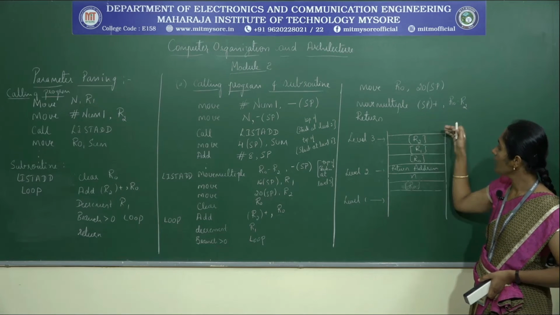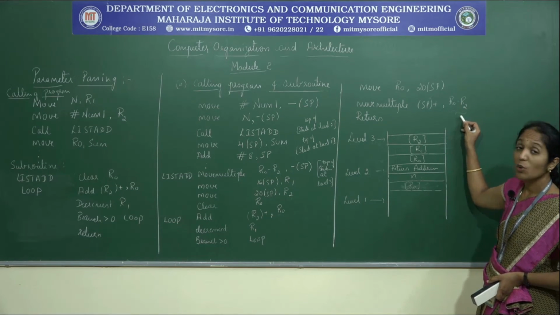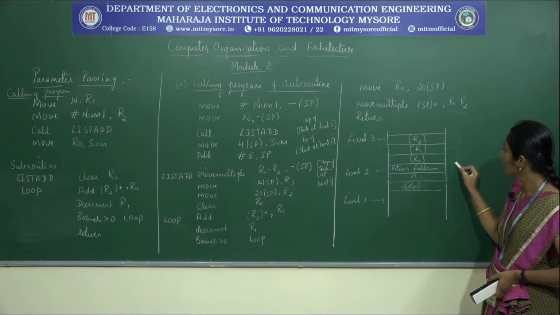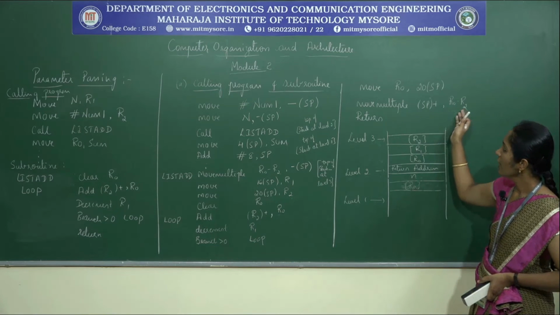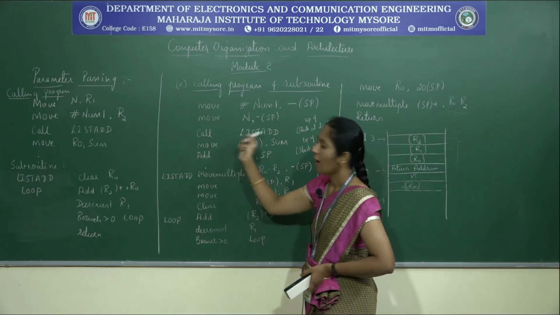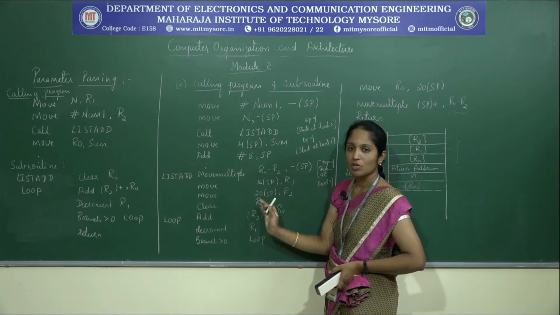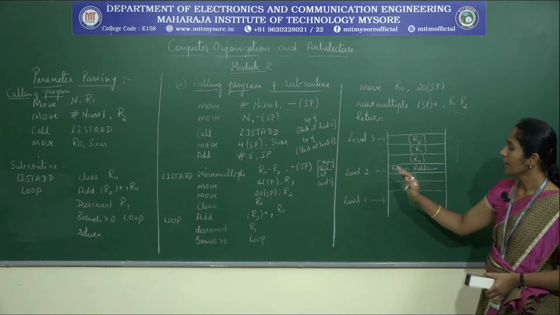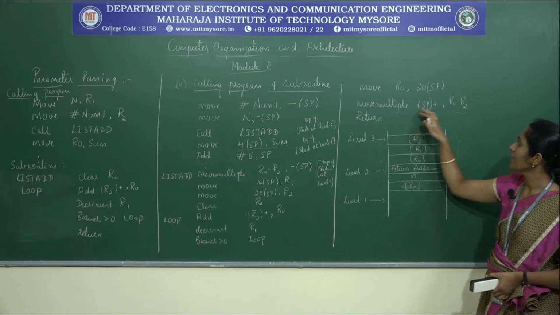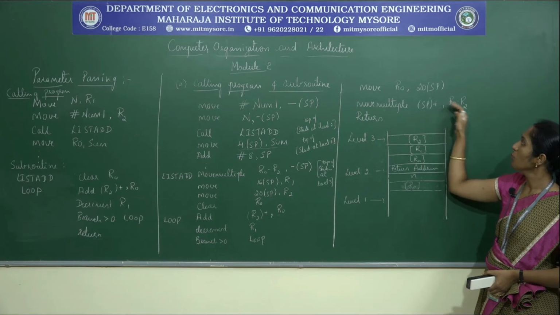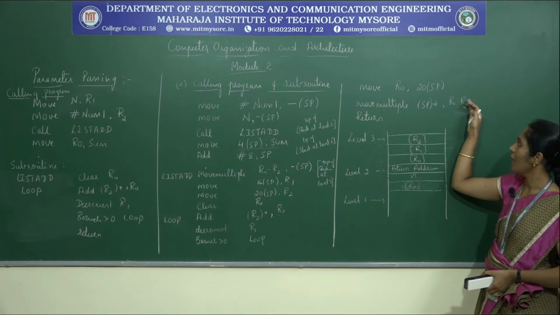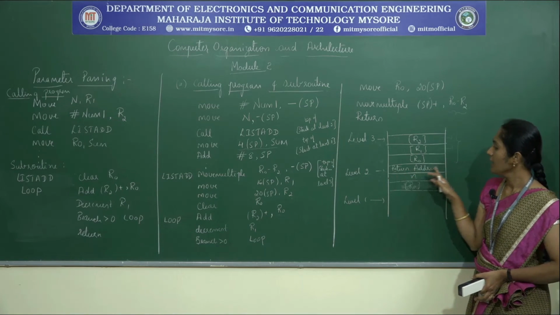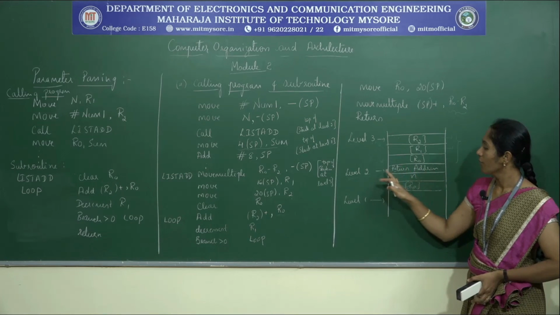It will increment and copy the new contents of the R1, R0 and R2 registers into these 3 places. After the subroutine execution is over, it is going to resume the execution from this point. After incrementing and moving the contents of R0, R1, R2 into these 3 locations, the stack pointer will be at this point.